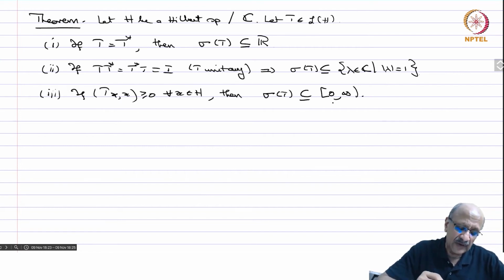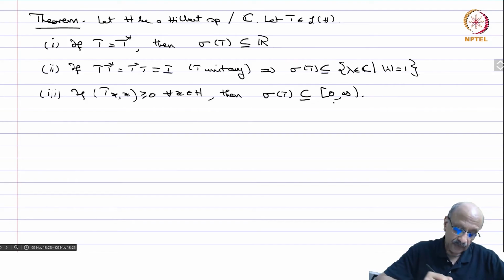So if T equals T*, that means it resembles real numbers, and that is reflected by the fact that sigma(T) is contained in the real numbers. Now T* is like saying z bar. So if this is identity, it looks like the unit circle, so that's exactly why the spectrum is in the unit circle. Mod lambda equal to 1 means lambda bar lambda equal to 1. And similarly, if T is a positive operator, so it looks like positive real numbers, then in fact the spectrum is indeed in the positive real numbers.